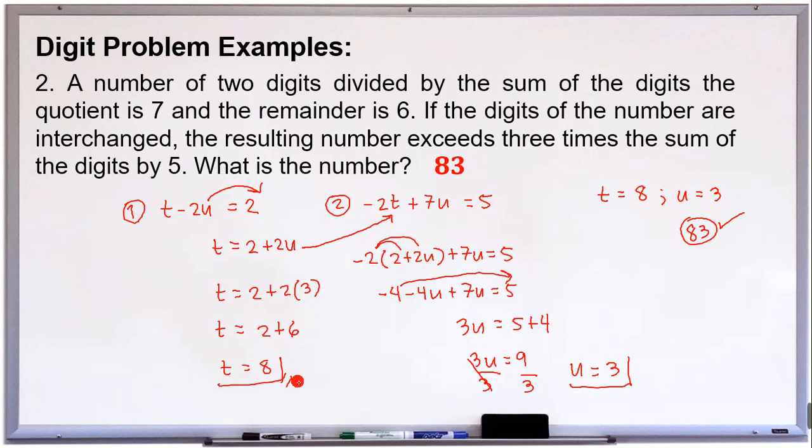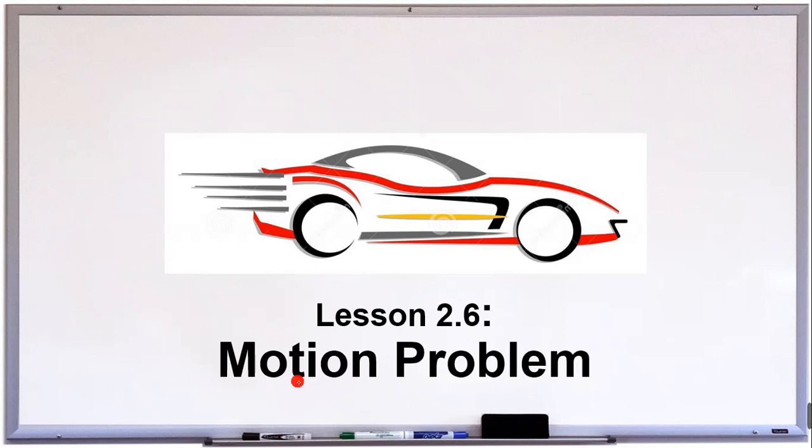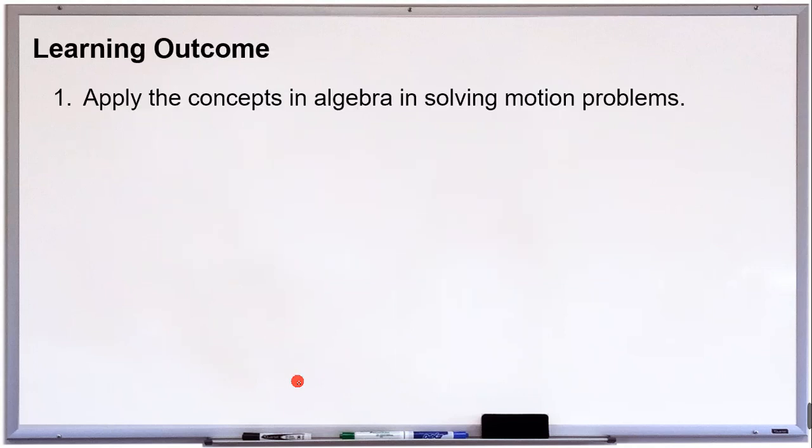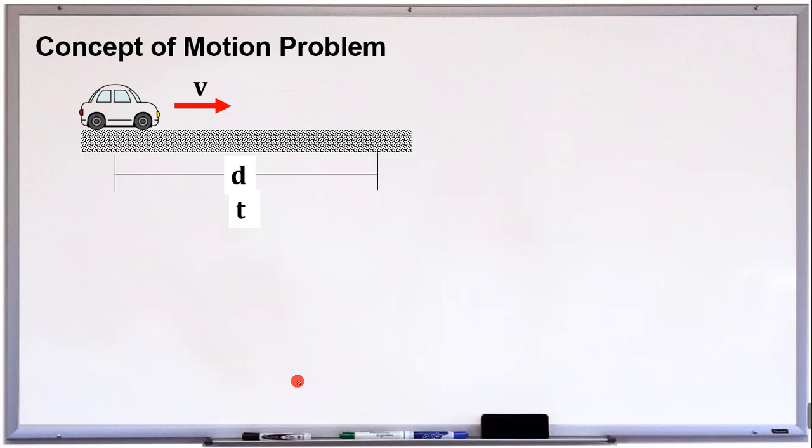Okay. So next, we will proceed to our discussion proper for motion problems. By the end of this lesson, you'll be able to apply all the basic concepts in algebra in solving motion problems. So this is how you are going to analyze a motion problem.